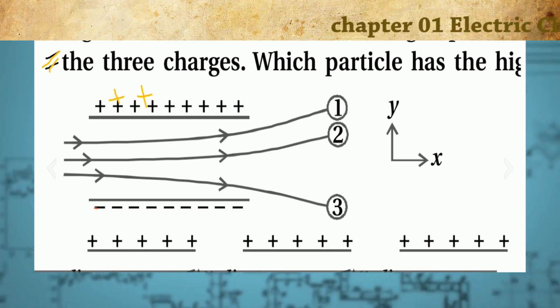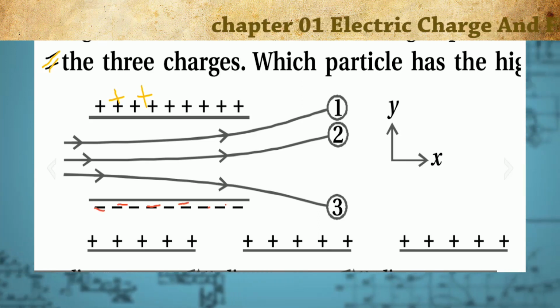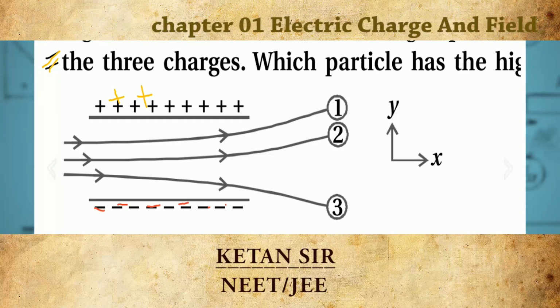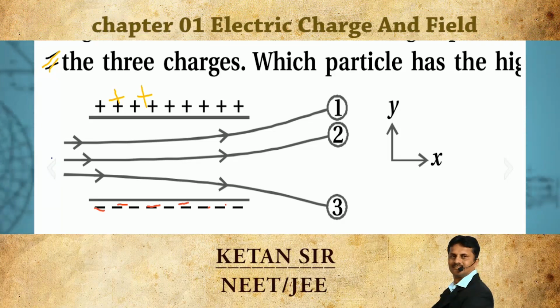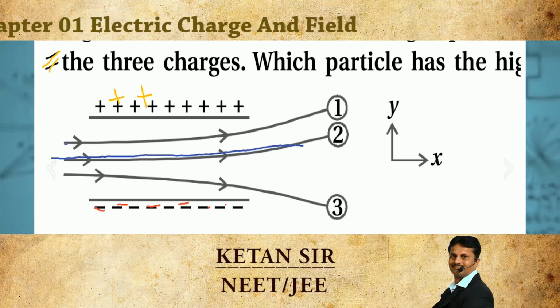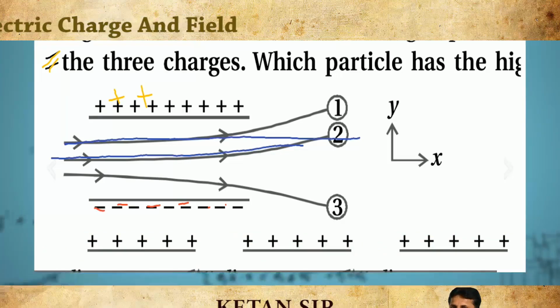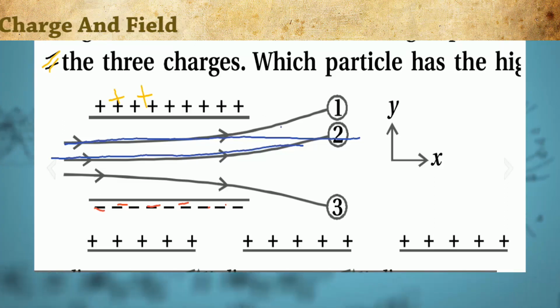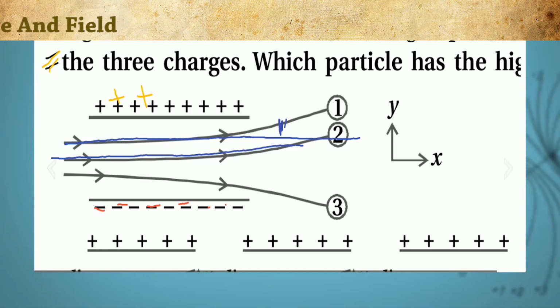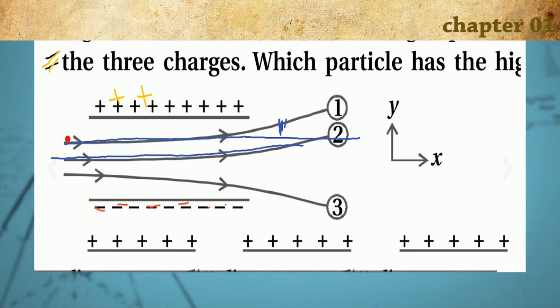At the lower end of the plate there is a negative charge. If we draw one baseline, this charged particle is projected within an electric field. It moves in the upward direction. Obviously, this charged particle is moving towards the positive plate.